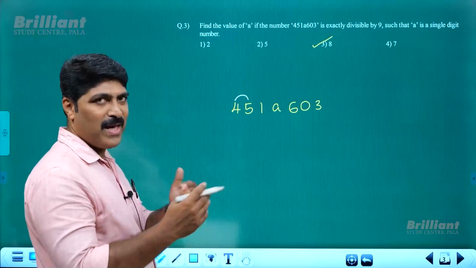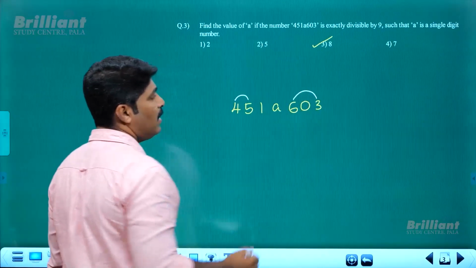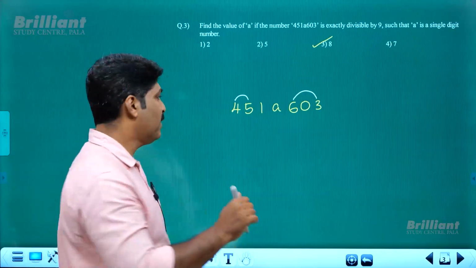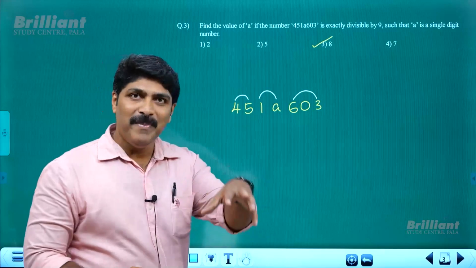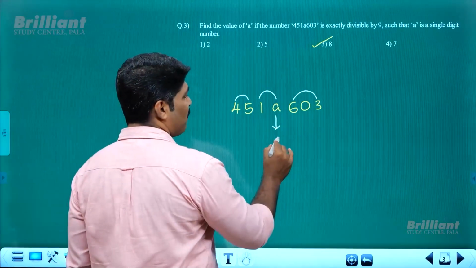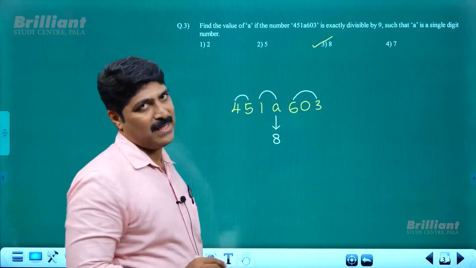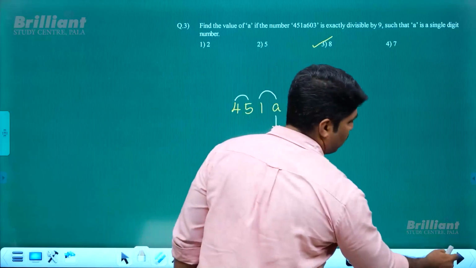Just leave it, because we are going to frame the 9s from here. This 6 plus 3 is another 9. Leave it. Here, this is 1 plus A. If you want to make it another 9, what is the suitable value for A? That should be equal to 8. That's the easiest and most direct way to conclude this type of question.